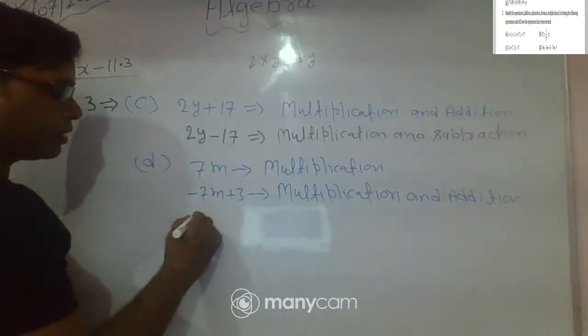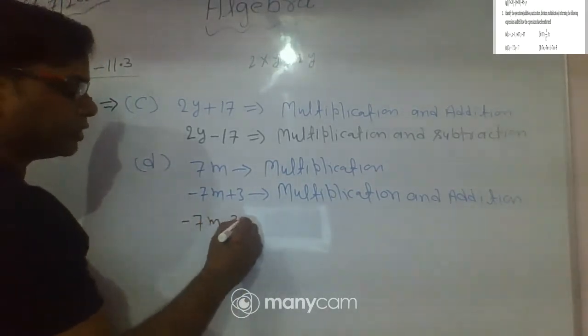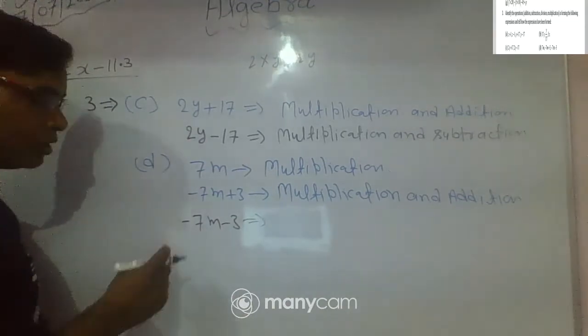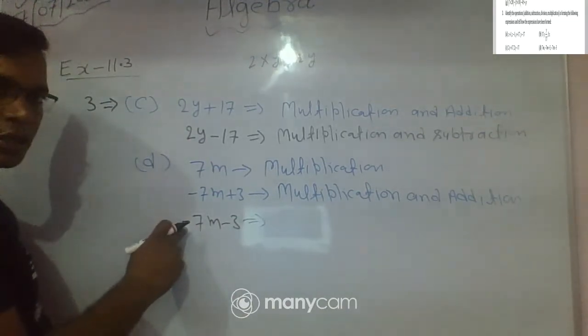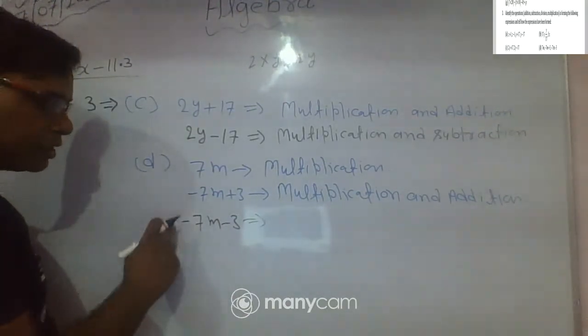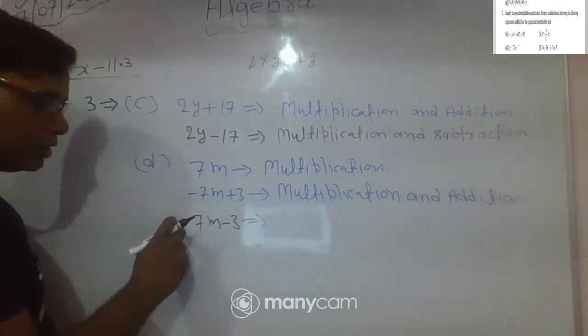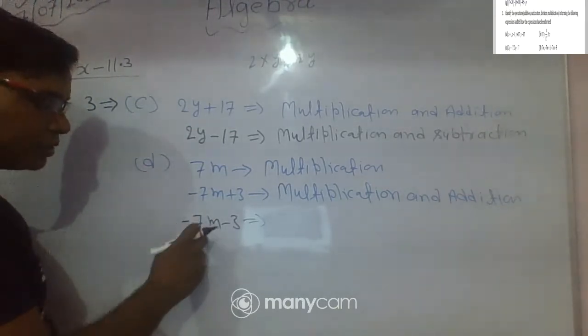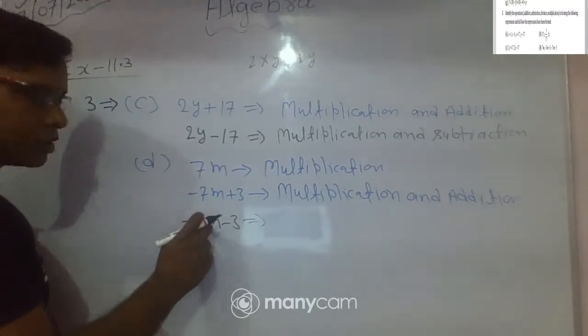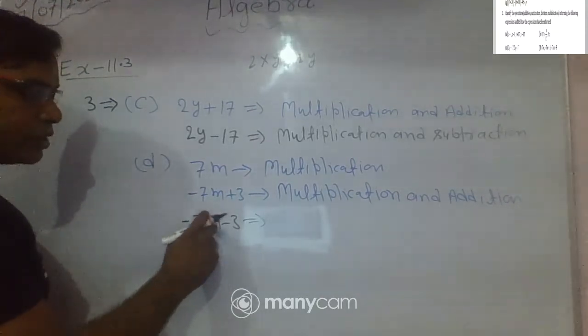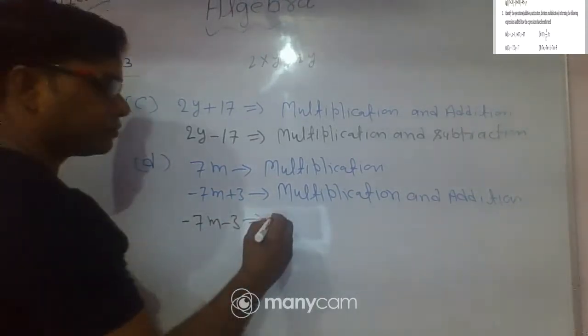Now next part, 7m minus 3. Okay. So here this minus operates only on 7, not m. So here we use multiplication and subtraction.